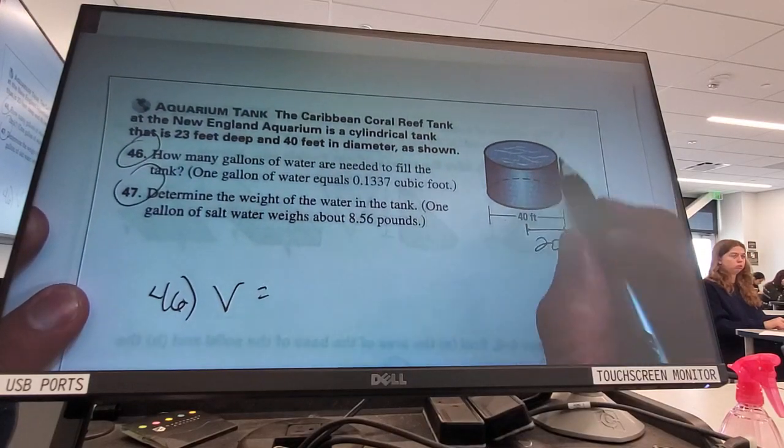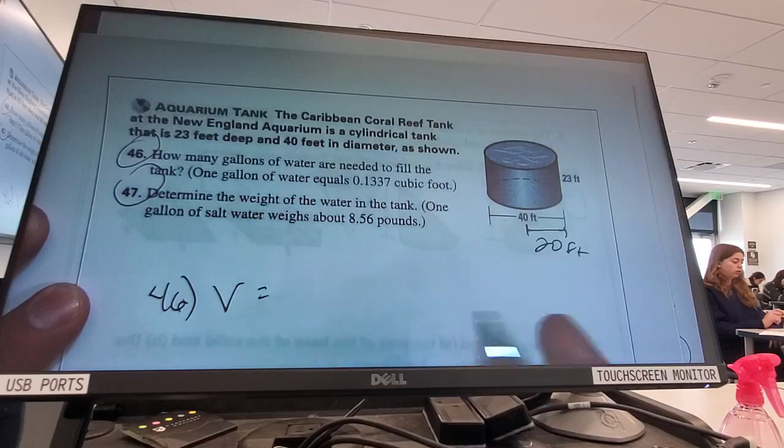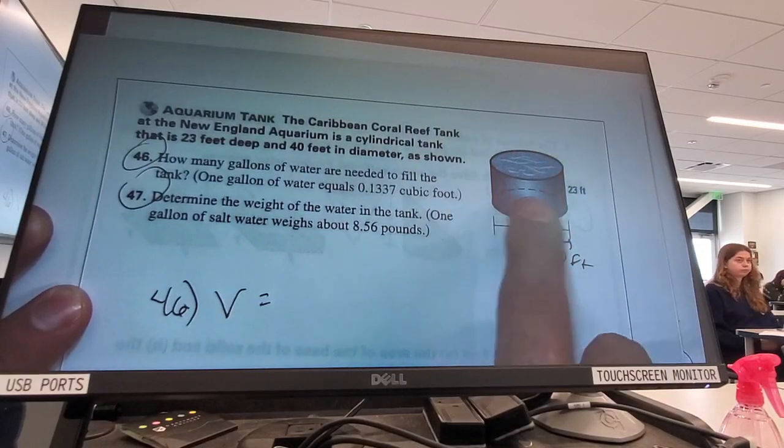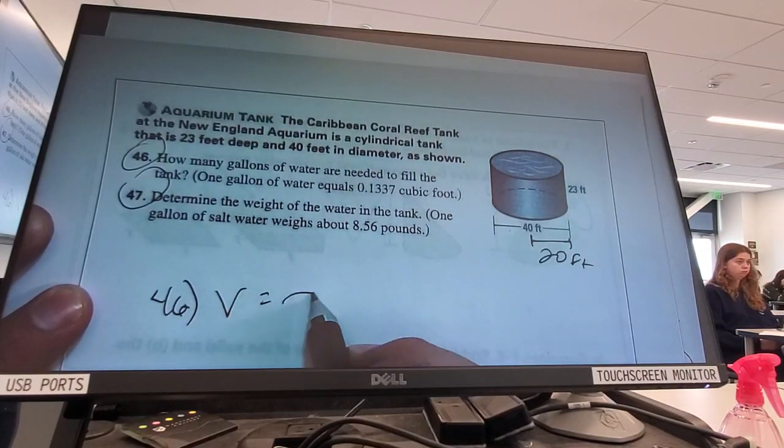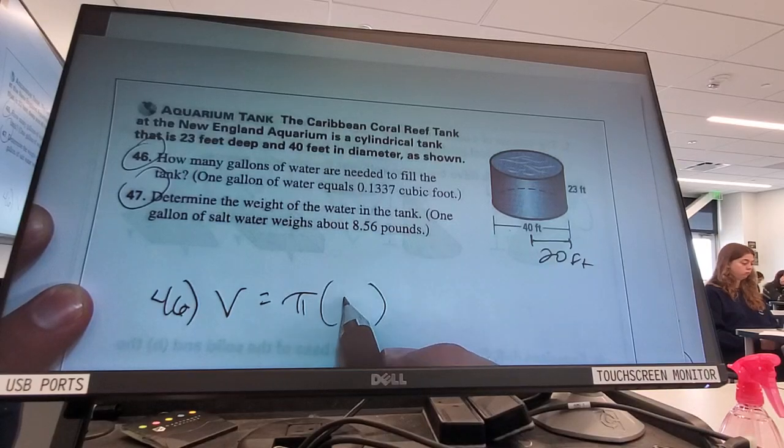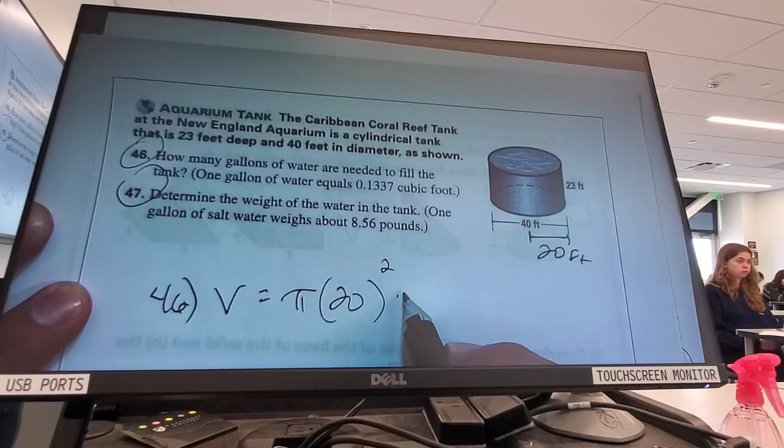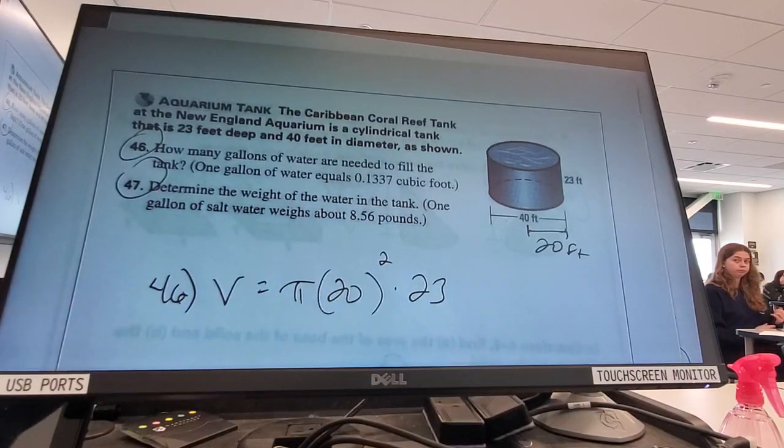What do you do? Are you guys with me? I want to figure out how many cubic feet this is. Pi times 20 squared times 23. I like it. You guys must be getting tired of me trying to do this in my head. 400 times 23 is 9,200.